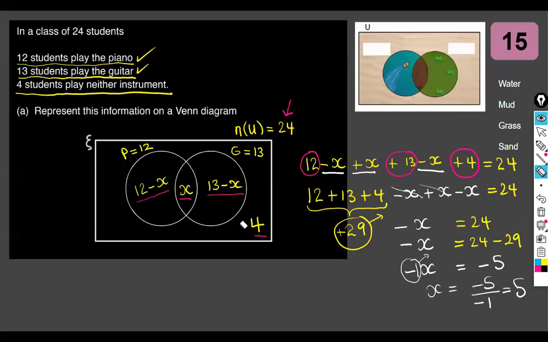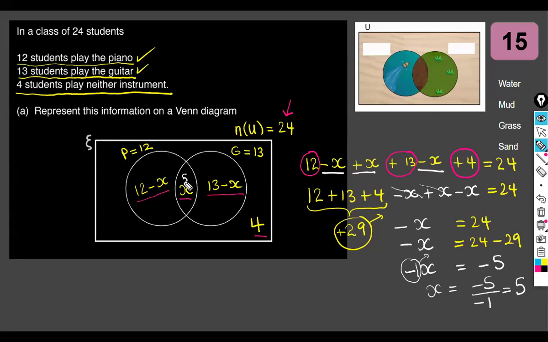We have just learned that x is how much? X is 5. So that means we could go to the diagram now. And anywhere we see the letter X, we can replace it with what? 5.